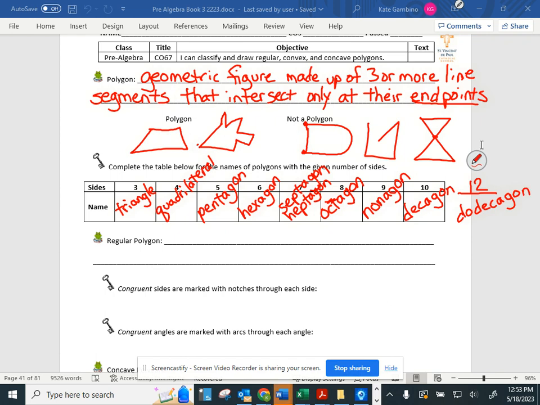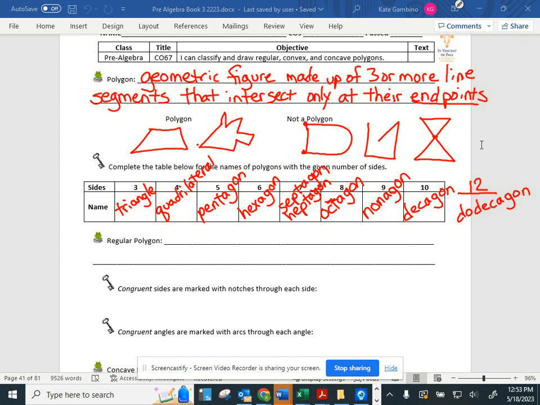So you do need to know that because there is a shape that is 12-sided in our work that we're going to do. It is important that we know all of our shapes here. There are some new terms we're going to go over also.